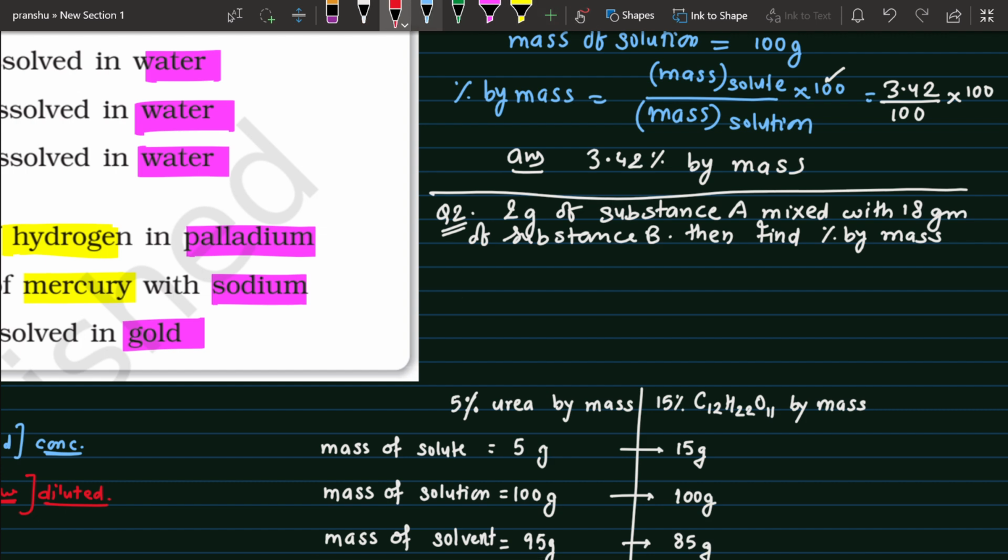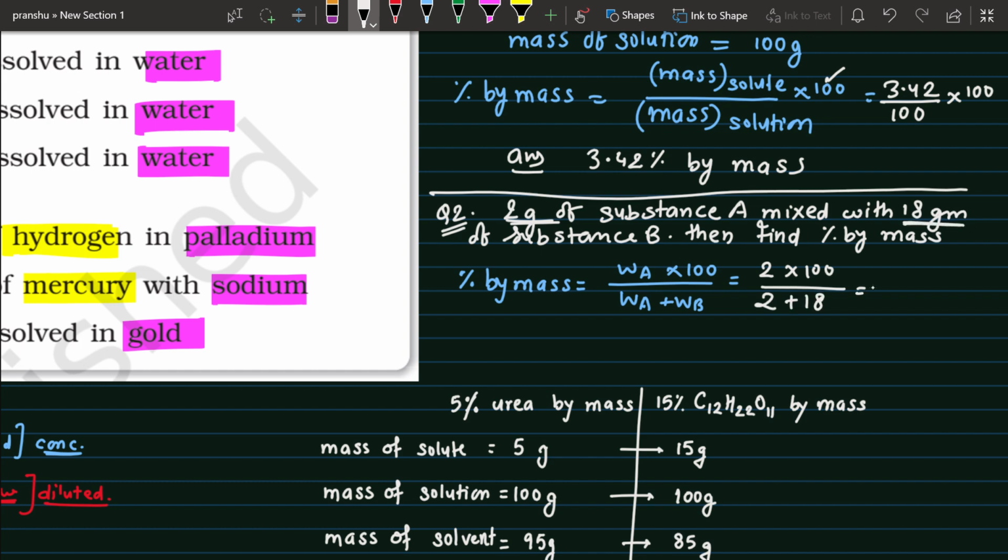Similarly, the formula is percentage by mass equal to WA divided by WA plus WB total into 100. According to the values it becomes 2 into 100 divided by 2 gram component A and 18 gram component B, so 2 into 100 divided by 20.